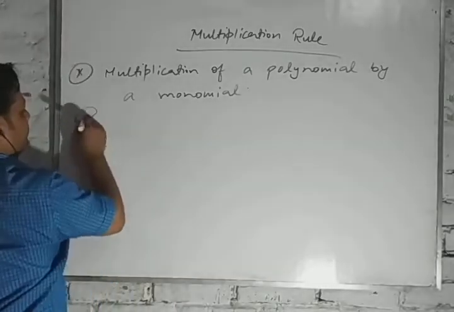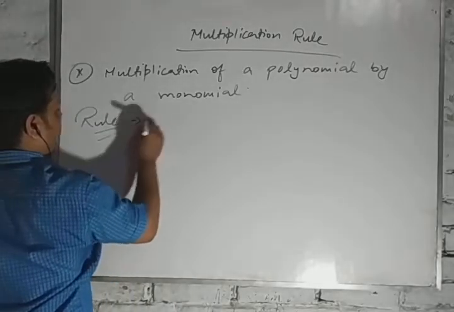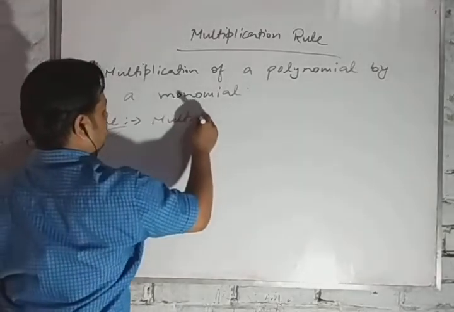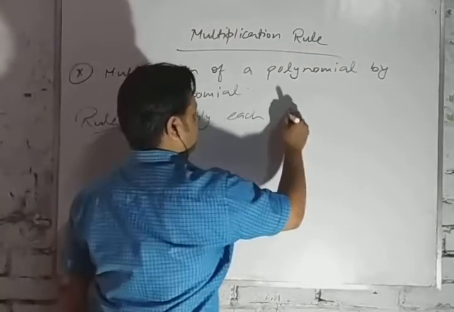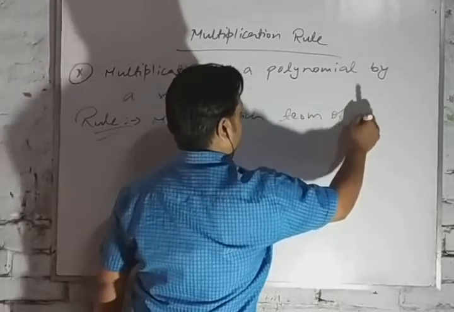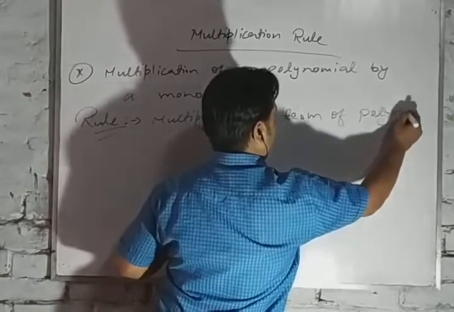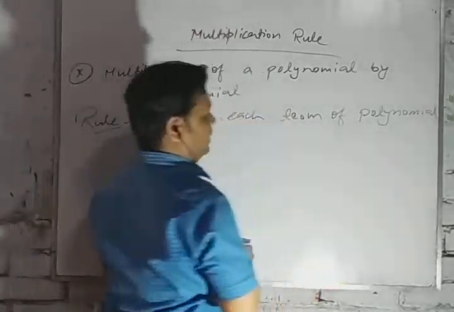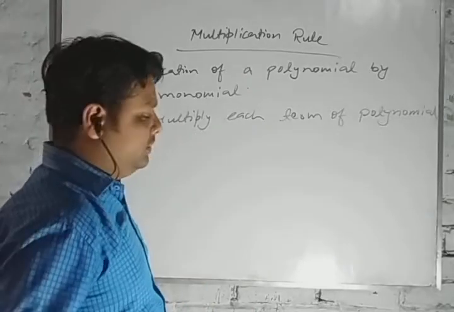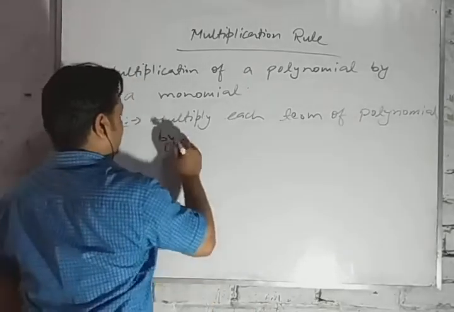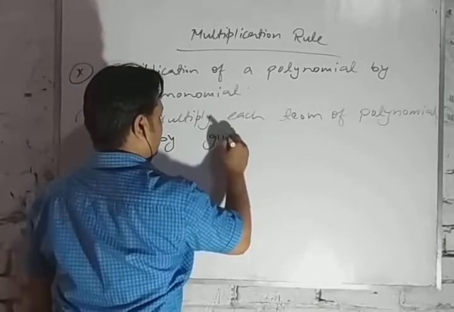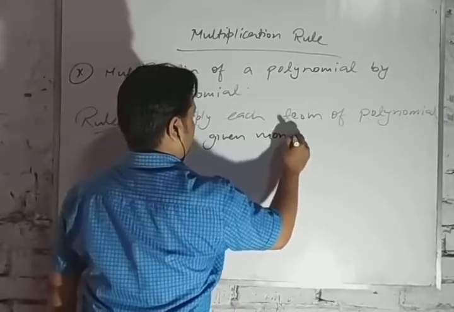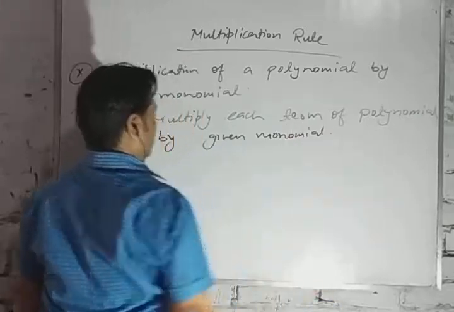And the rule is multiply each term of the polynomial by the given monomial. Okay. So let's see.